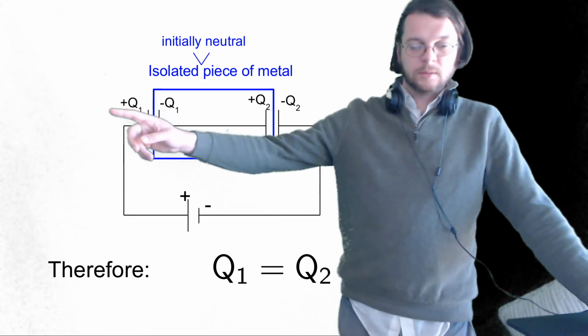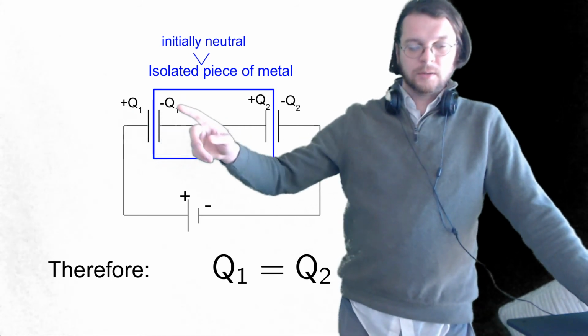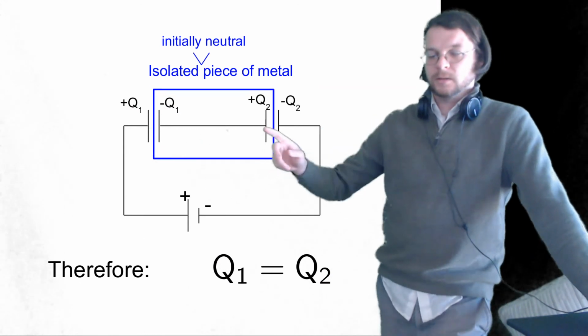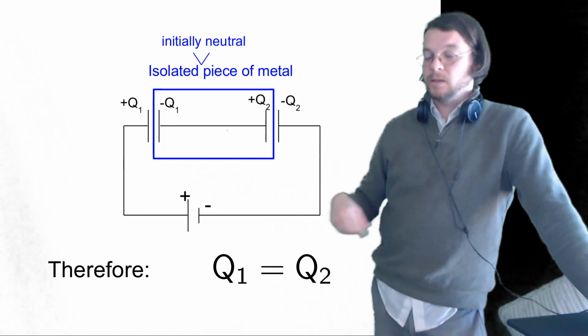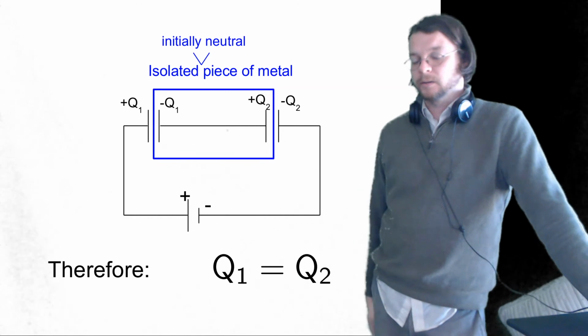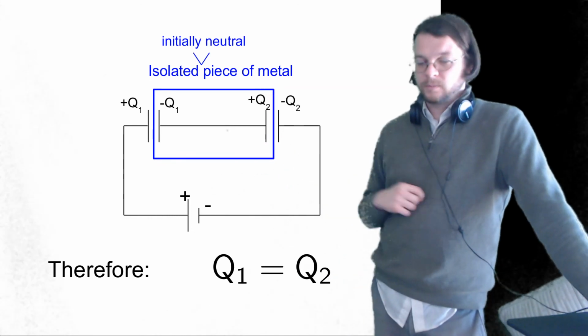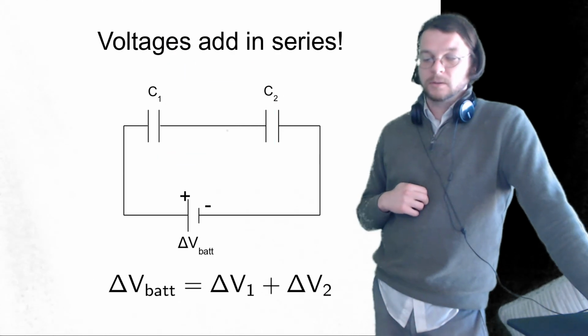Because this is the minus of that, and so on and so forth. It means that whatever charge is on this capacitor should be the same as the charge on this capacitor, even if the capacitances are not exactly the same. It all comes from the fact that this piece of metal is initially neutral.